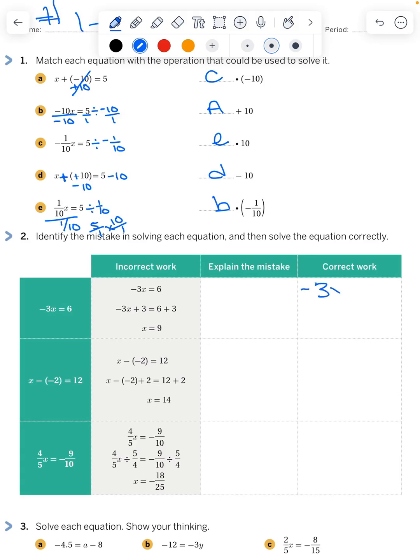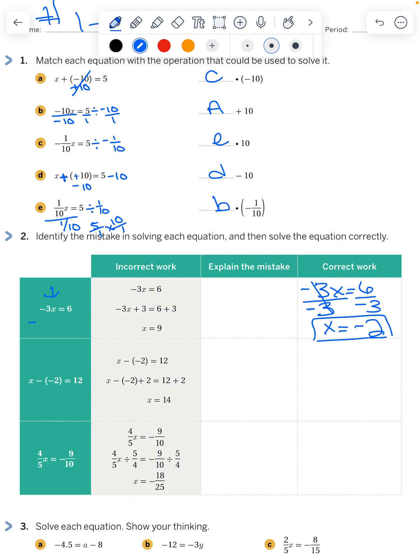So I'm going to do a negative 3x equals 6. To solve for x, that says multiply by negative 3, so you're doing the inverse and dividing both sides by a negative 3. And a negative 3 divided by a negative 3 is a positive 1x. And 6 divided by a negative 3 is a negative 2. So x should be negative 2.